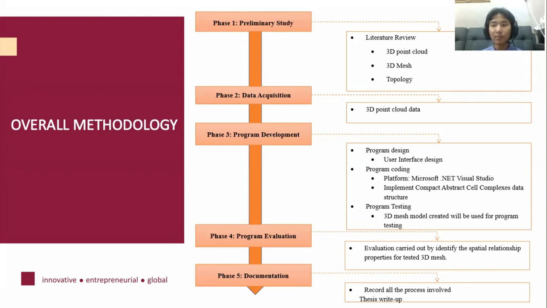Besides that, when performing the literature review on the problems, the solution can also be found. Thus, this can provide the best output for the study to provide a 3D mesh with proper topological information. Other than that, this phase is also conducted to study related research about implementing topological data structures onto 3D objects.